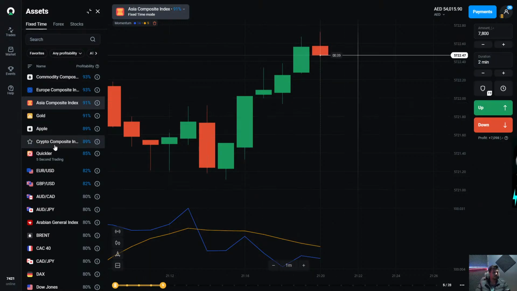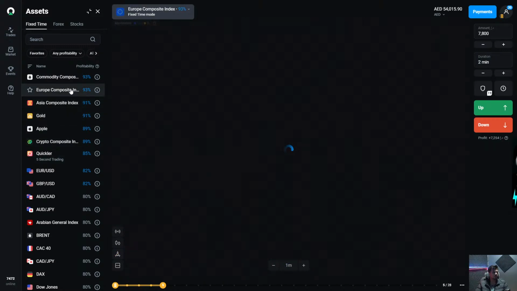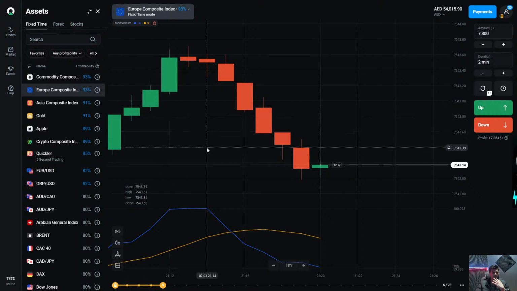Here it changed direction, moving downward, but it can also come back upward. So the Asia Composite Index, we can use the Europe one too, which is also trying to move upward.